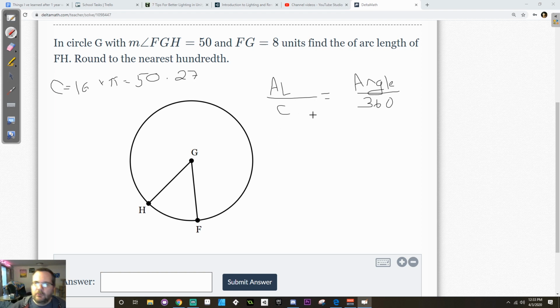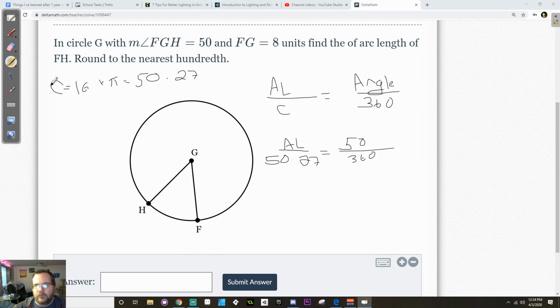Okay, now I'm going to replace that with the circumference, and I'm going to replace the angle with 50. So my arc length, AL, is going to be over 50.27, and that's going to be equal to the angle, 50 degrees, over 360.